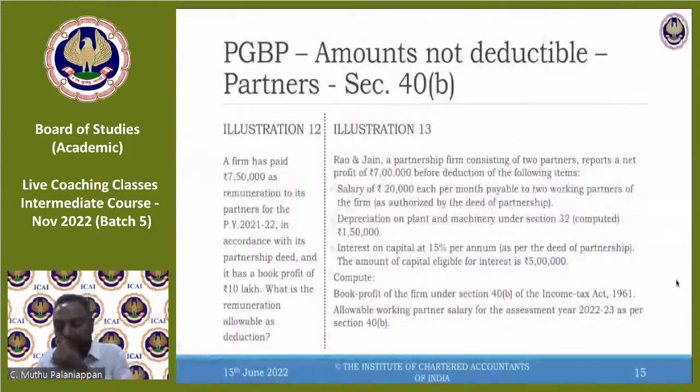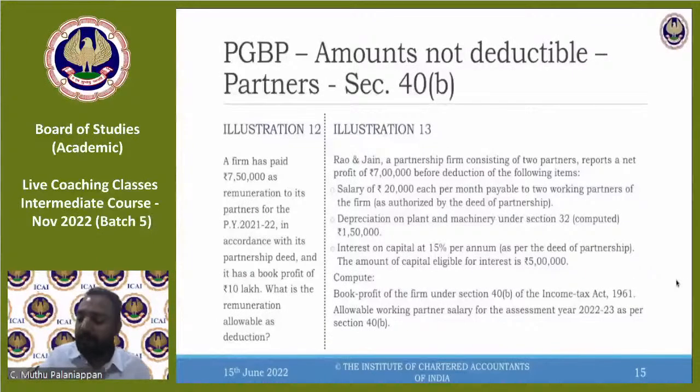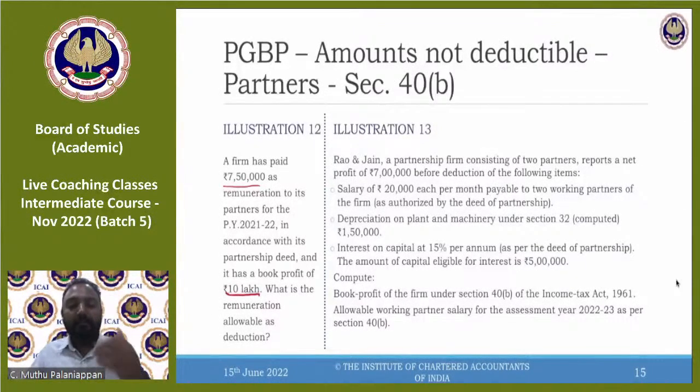So we'll understand this with a problem. The firm has paid 7.5 lakhs as remuneration to its partners for previous year 21-22, and it has a book profit of 10 lakhs. Now we need to understand the provision.